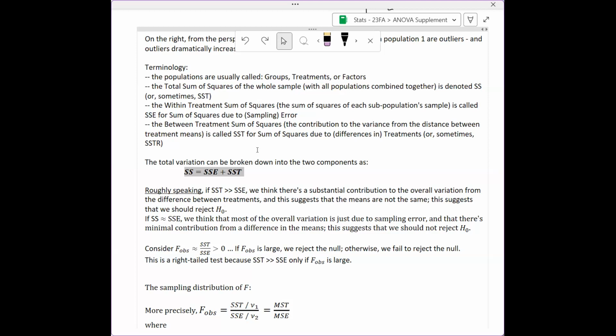And the variation can actually be broken down this way. We're not going to go through the details to show this, but we could break the total sum of squares into these two components, those due to sampling error and those due to the means being different, or at least the x bars being different.